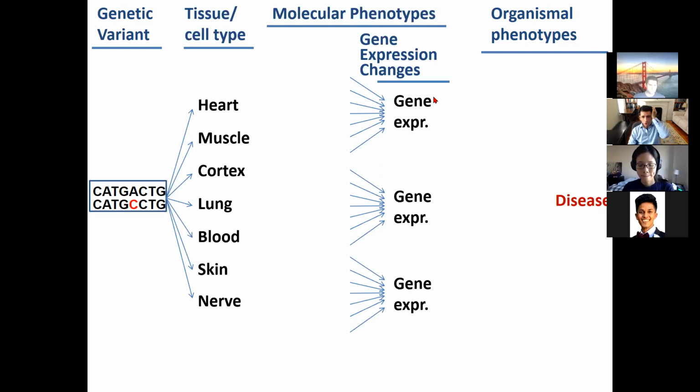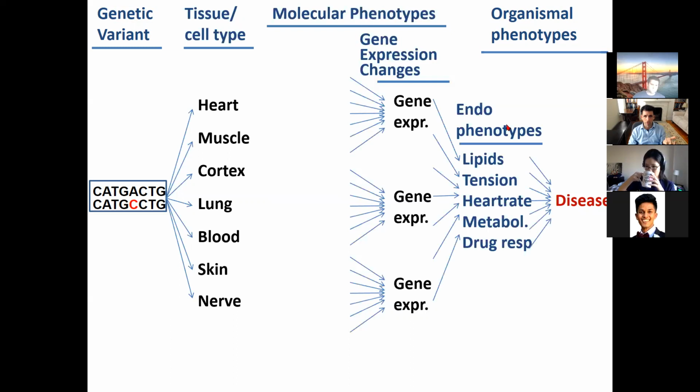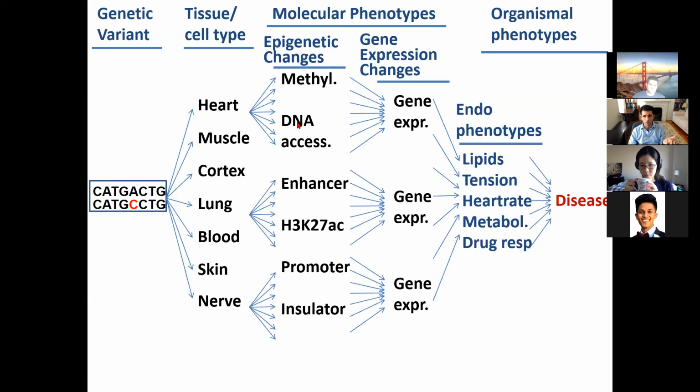Okay. So that's at the level of expression, but that's not the only place where we can discover these QTLs. We can also look for endophenotypes. We can also look at epigenomic activity or DNA accessibility or DNA methylation or promoter activity or histone modification patterns or transcription factor binding and so on and so forth.